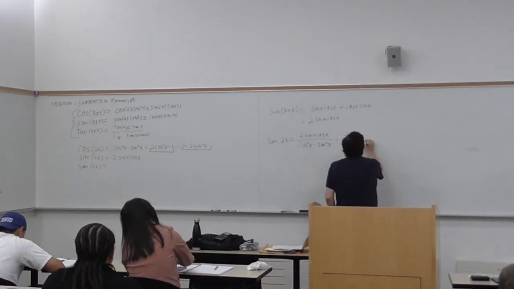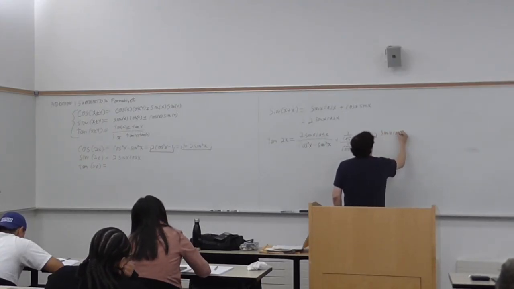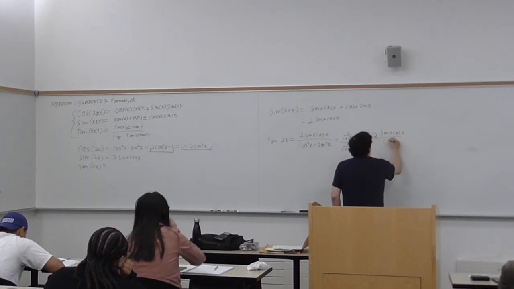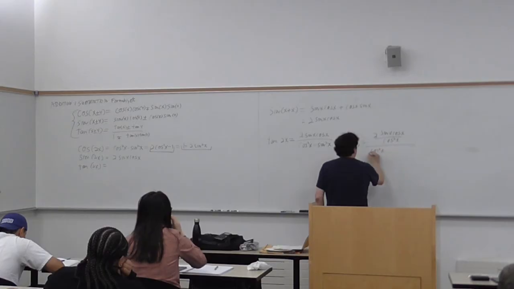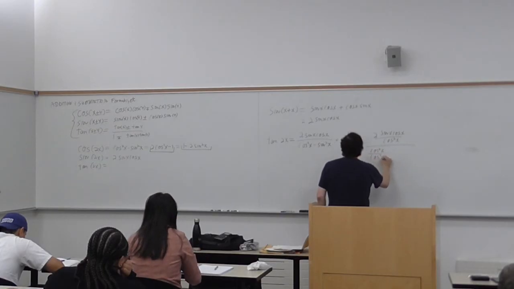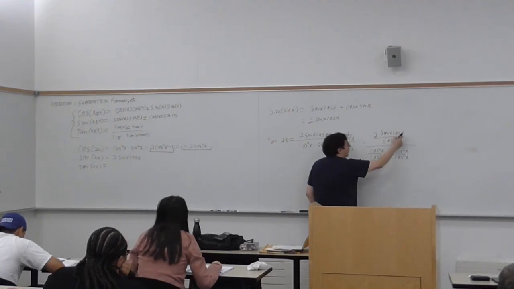So on top, I'm going to get 2 sine x cosine x over cosine squared x. On the bottom, I'm going to get cosine squared x over cosine squared x minus sine squared x over cosine squared x. One of these cosines is going to cancel.